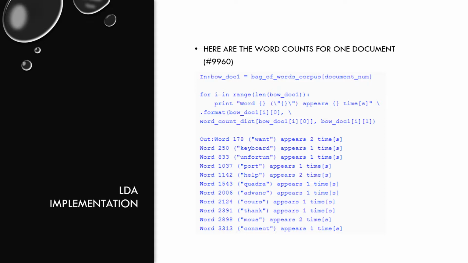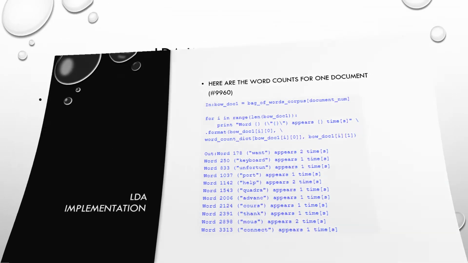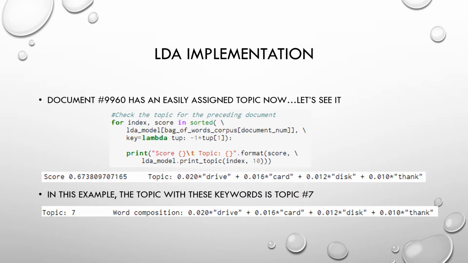In this example, we grabbed one document and we are listing all the words in that document and how many times they appear. For this document, we found that the closest matching topic is topic number 7, which is composed of the words drive, card, disk, and think, which are all related to games or gaming.